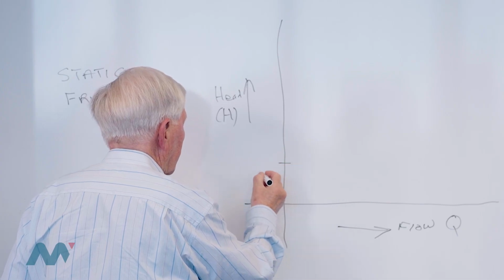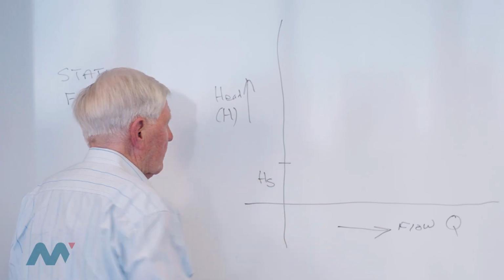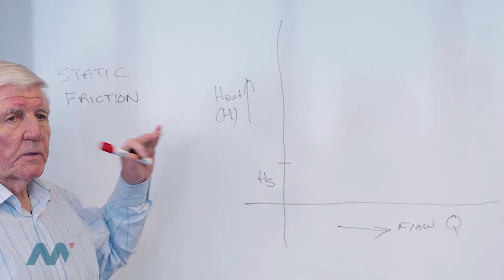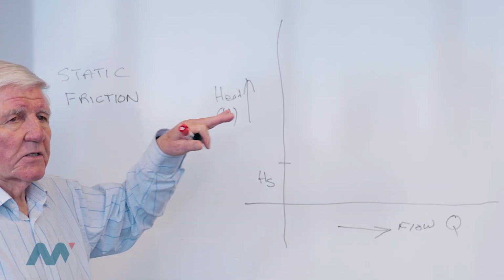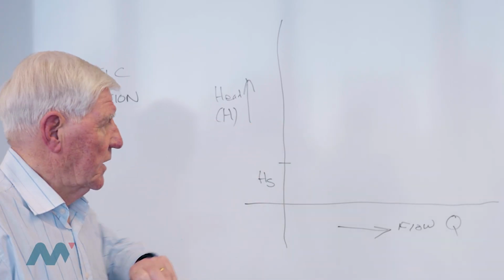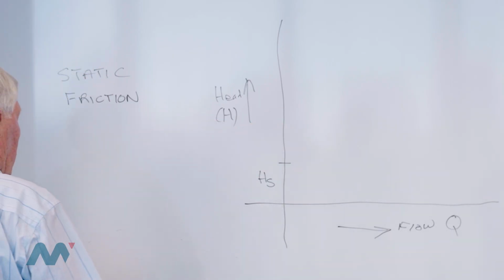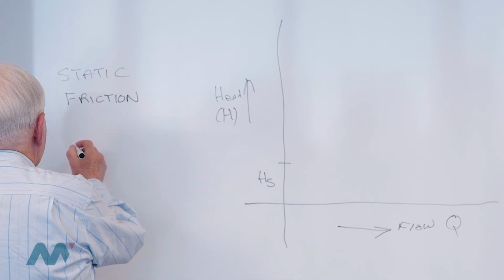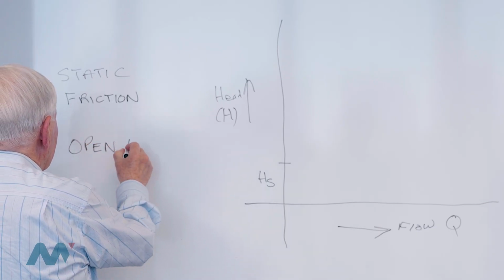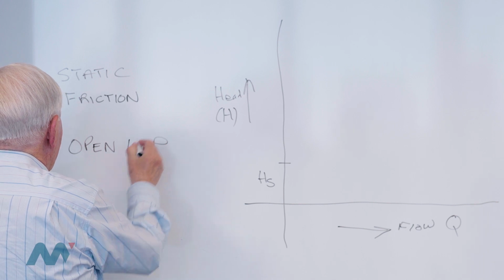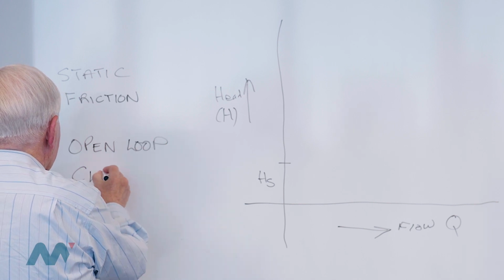So there might be a static head, which is fixed, which is the differential between, as I say, the surface of the liquid on the suction side and the surface of the liquid on the discharge side. The system can be of two types. It can be an open loop system, and it can be a closed loop system.